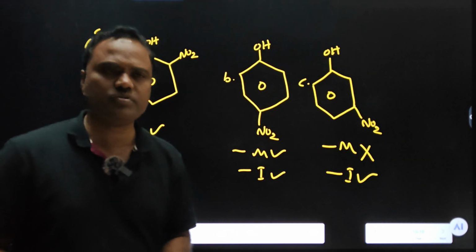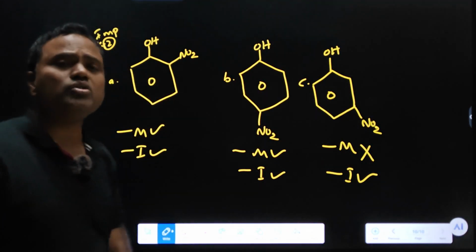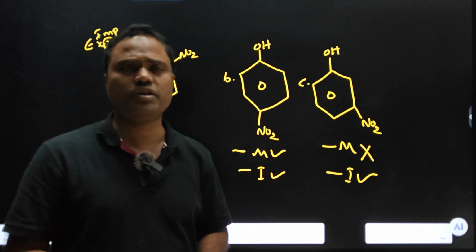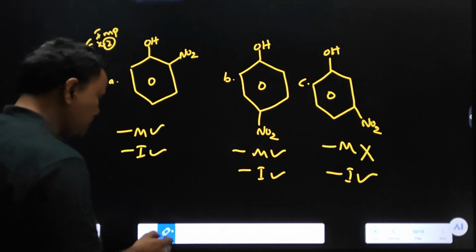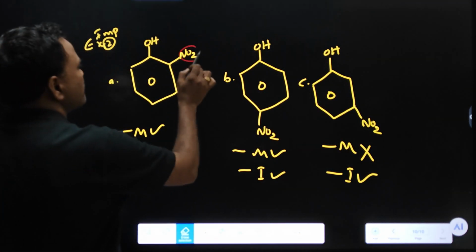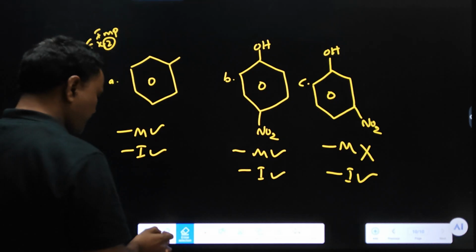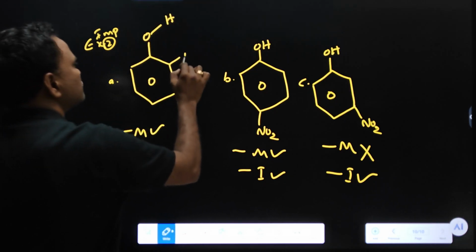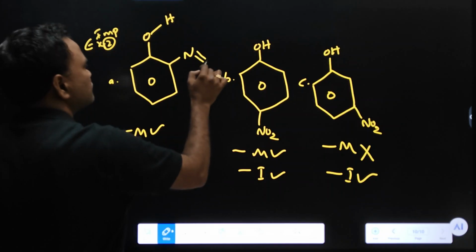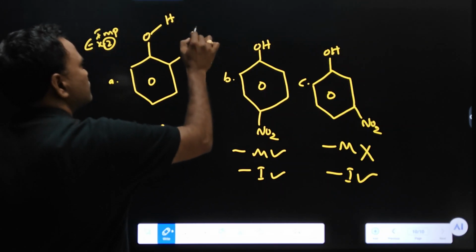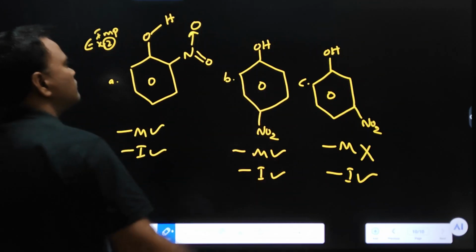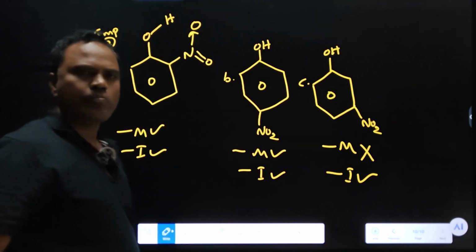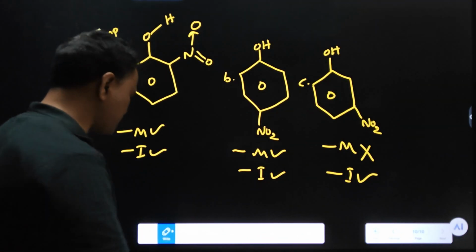Very important example. In orthonitrophenol, I am rewriting this structure, just expanding the structure. NO2 group. In orthonitrophenol, what happens?